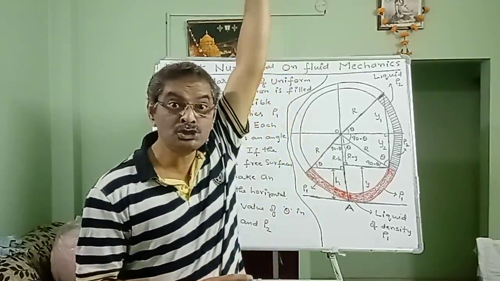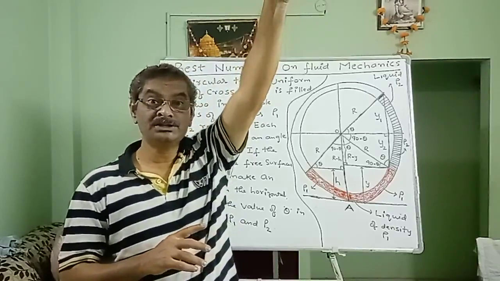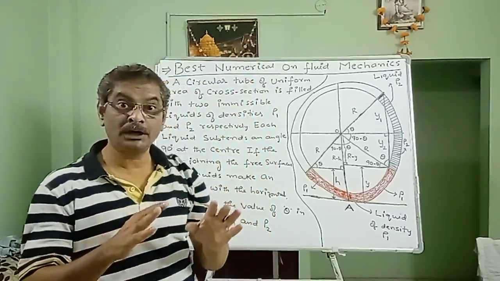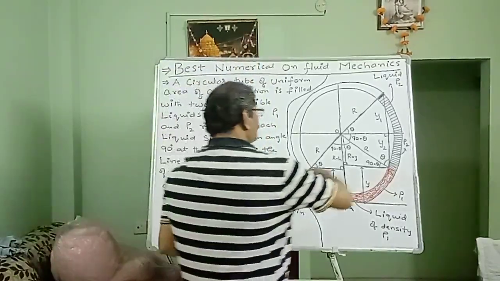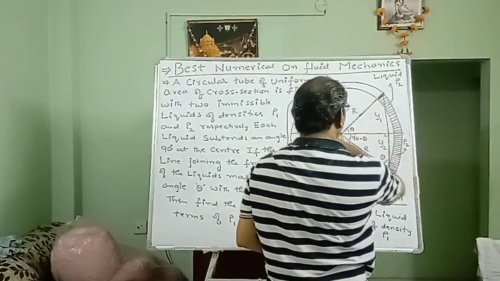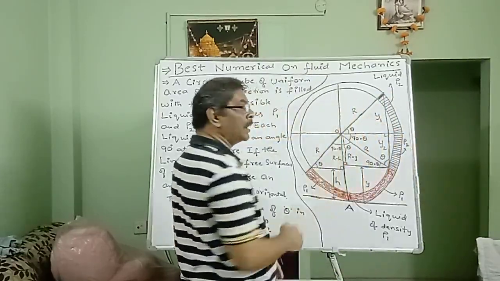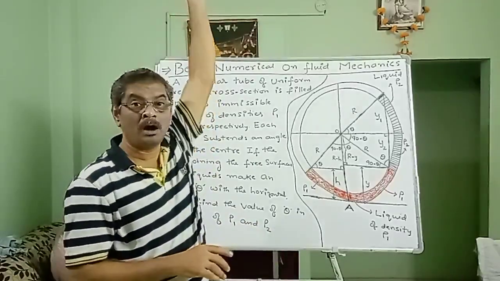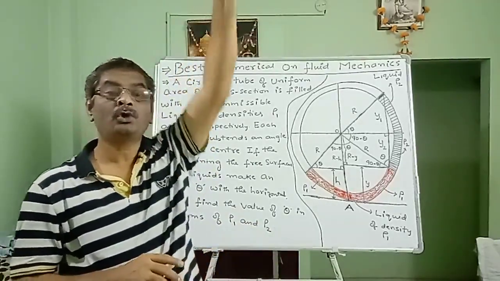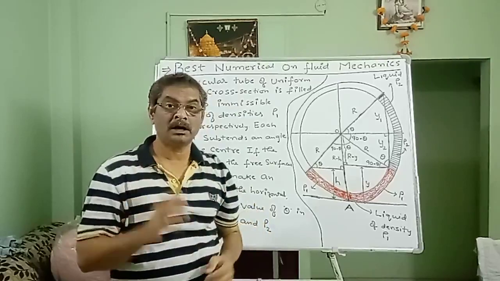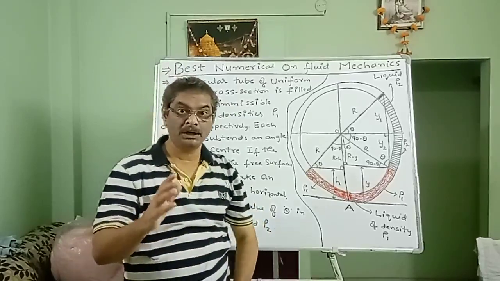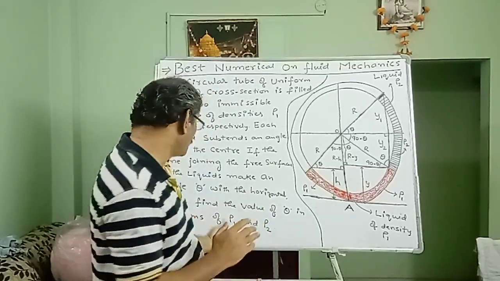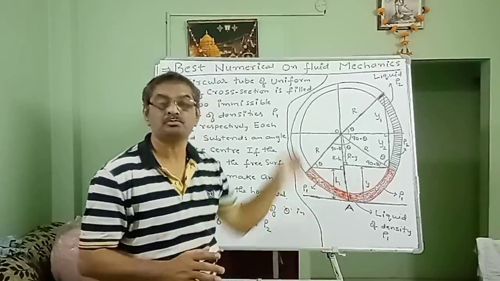If the line joining the free surfaces of the two liquids makes an angle theta with the horizontal, then we need to find the value of theta in terms of ρ1 and ρ2.